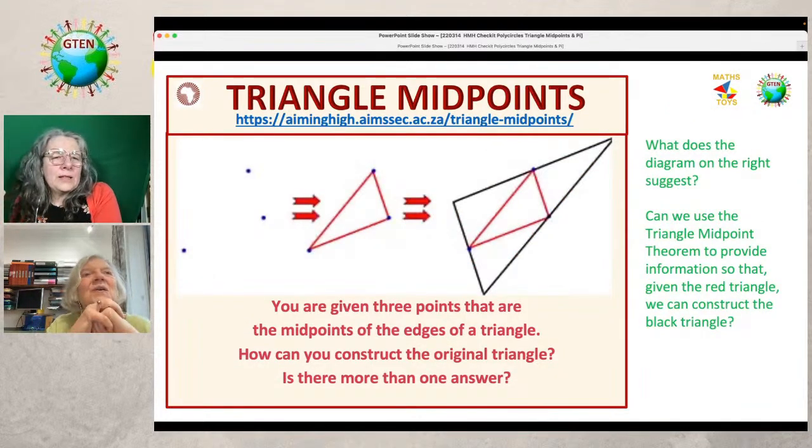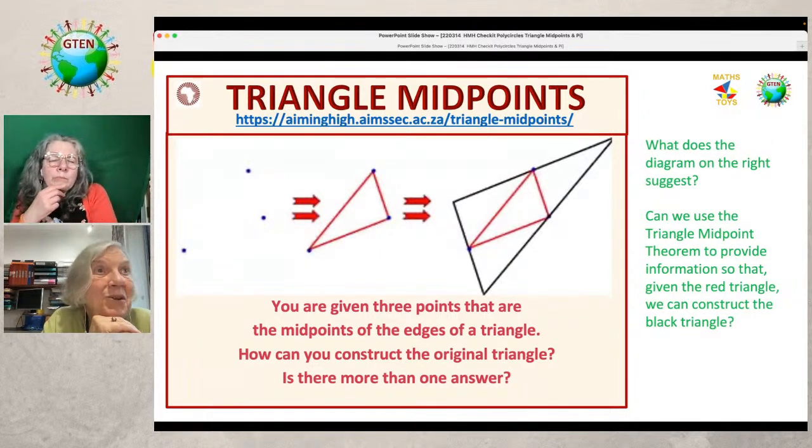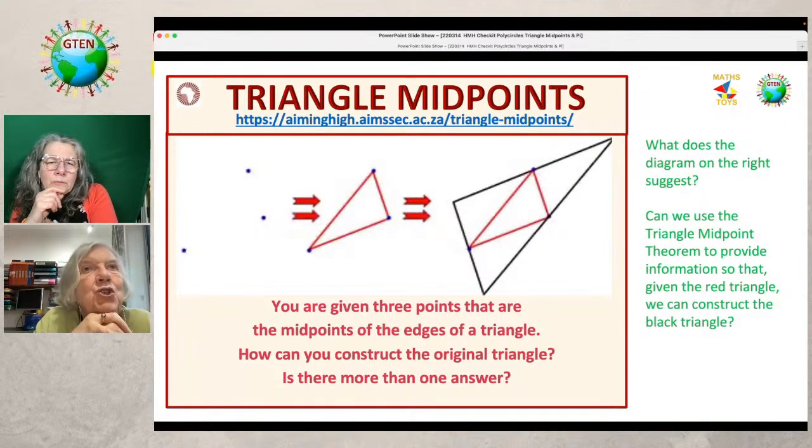What I want to show you in the last few minutes is another of these ideas where you just have 3 points to start with. That's all you have, 3 points. You're given that they are the midpoints of a bigger triangle, so you make a red triangle there.